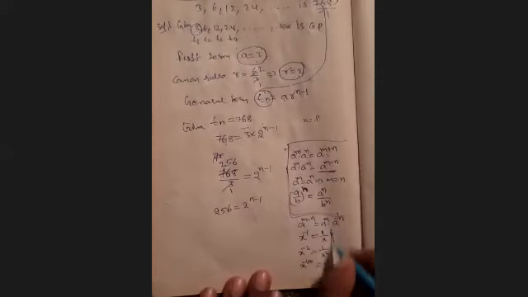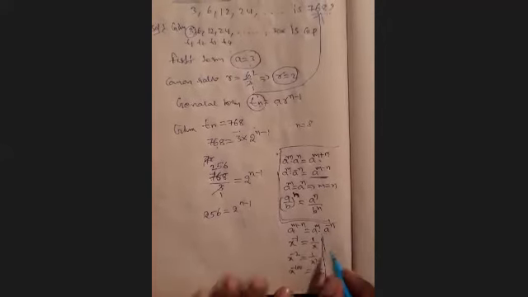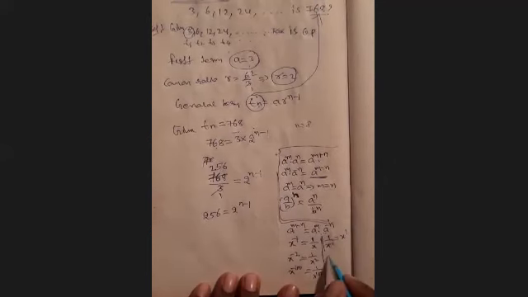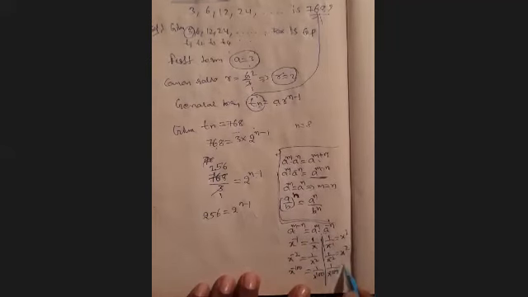Now, 1 by x power minus 1, taking the numerator, will be x power plus 1. 1 by x power minus 2, if you take the numerator, x power plus 2. 1 by x power minus 100, taking the numerator, x power plus 100.